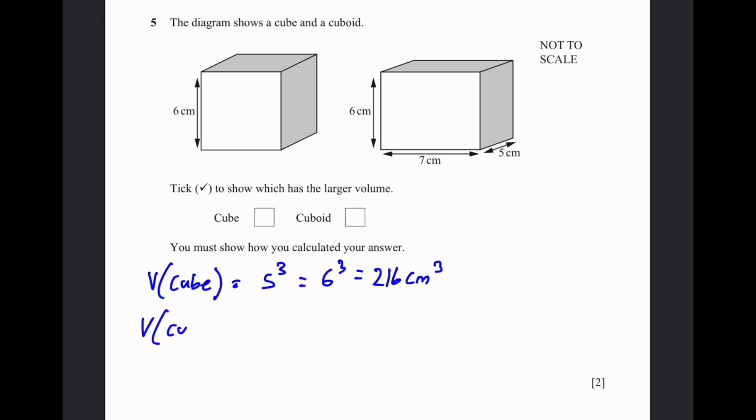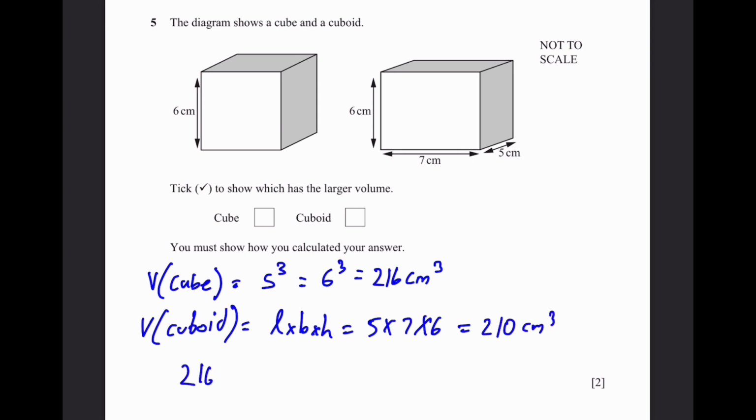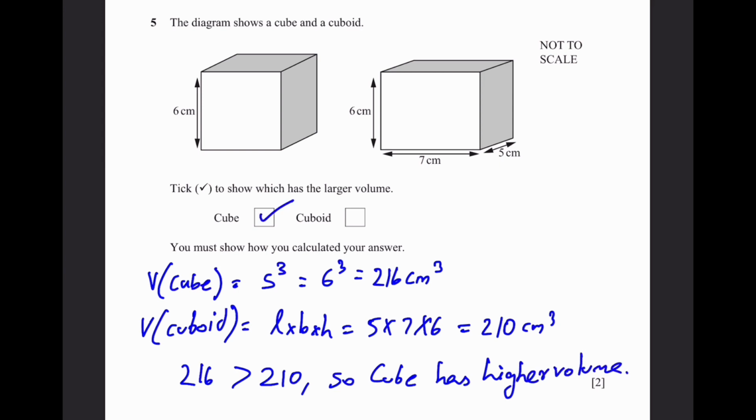The volume of the cuboid is equal to length into breadth into height, which is equal to 5 into 7 into 6. That is 210 centimeters cubed. 216 is greater than 210, so the cube has the larger volume. Therefore, we tick the answer as cube.